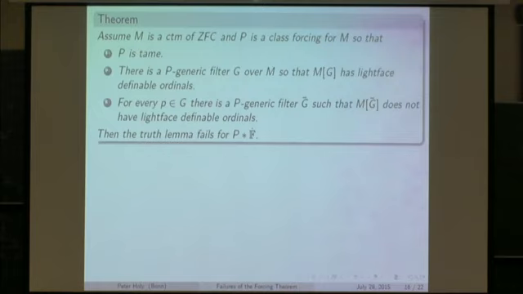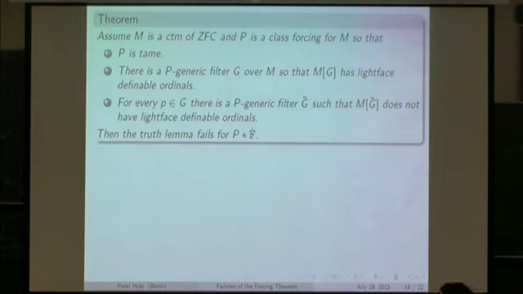So assume M is a countable transitive model of ZFC, and P is a class forcing for M, which preserves the axioms of ZFC, such that there is a generic filter for this forcing, such that the generic extension has light-face definable ordinals, which means all ordinals are light-face definable. And for every condition, we also have a generic filter, such that the generic extension does not have light-face definable ordinals.